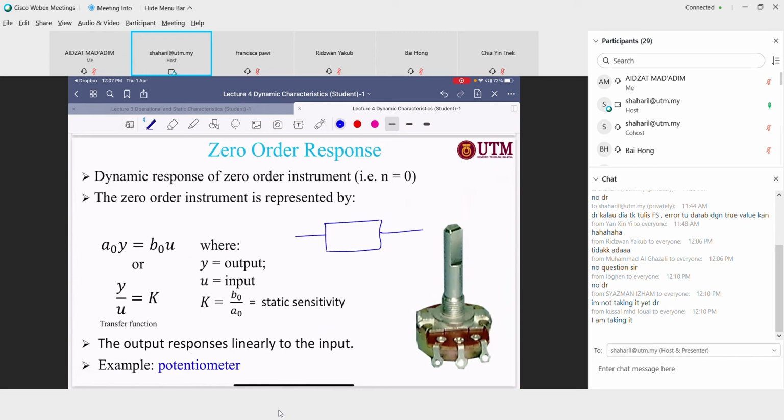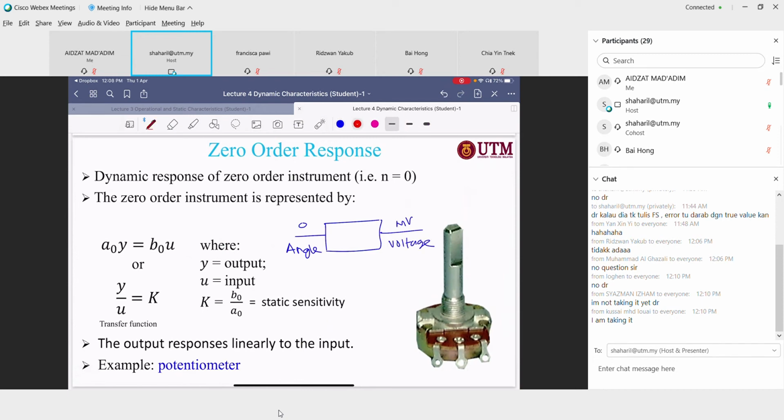Let's say the input we want to set is in degrees, which is the angle, and the output it will give you is in terms of resistance, let's say in millivolts, voltage.